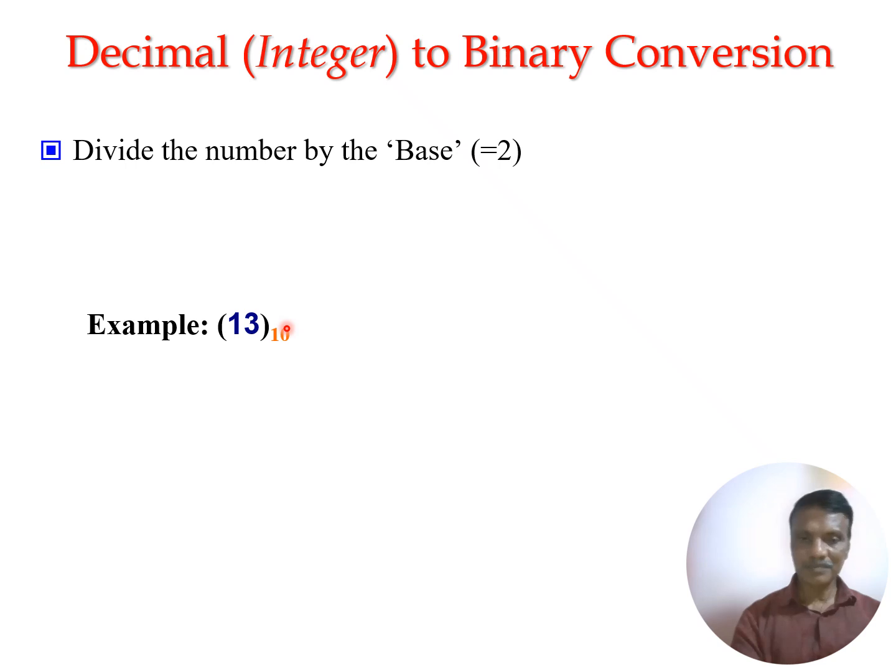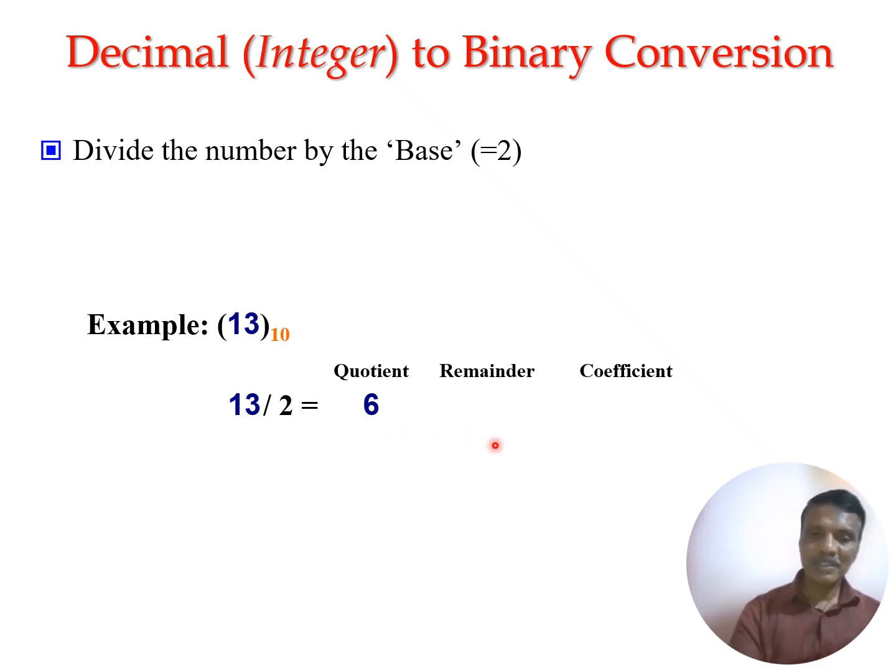Divide by the base, which is 2. 13 divided by 2, the quotient is 6, and the remainder is 1.